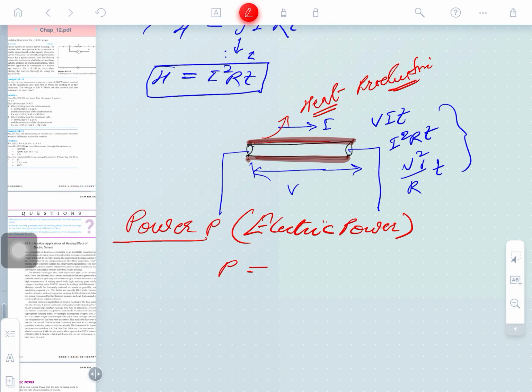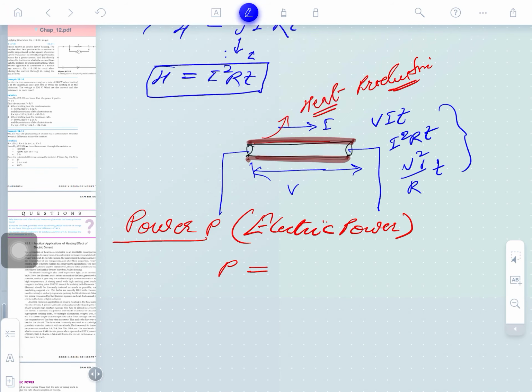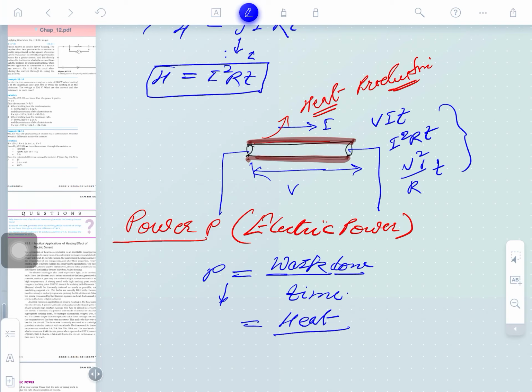So, what is called electric power? Electric power P is equal to work done divided by time. This is the general formula for power. So, electric power is heat divided by time t.